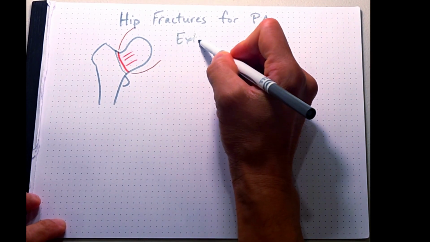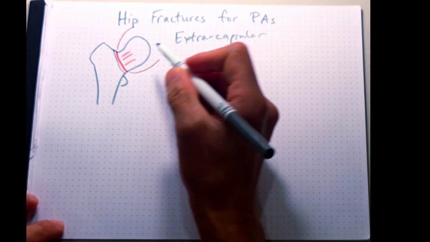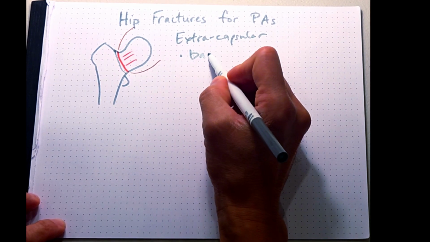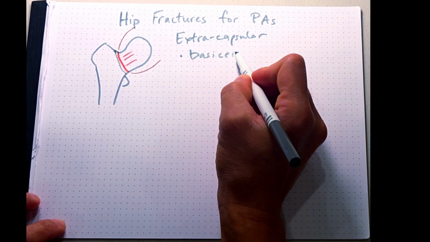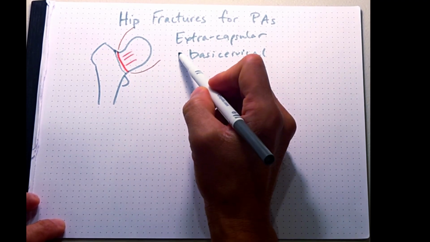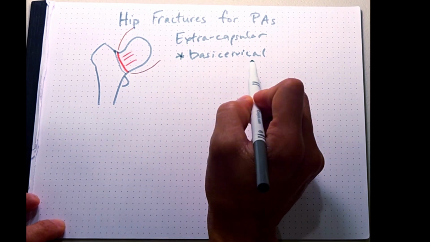So extracapsular. And so we're going to include basocervical as an extracapsular fracture. Now again, this is an asterisk because some surgeons are opting to replace these.